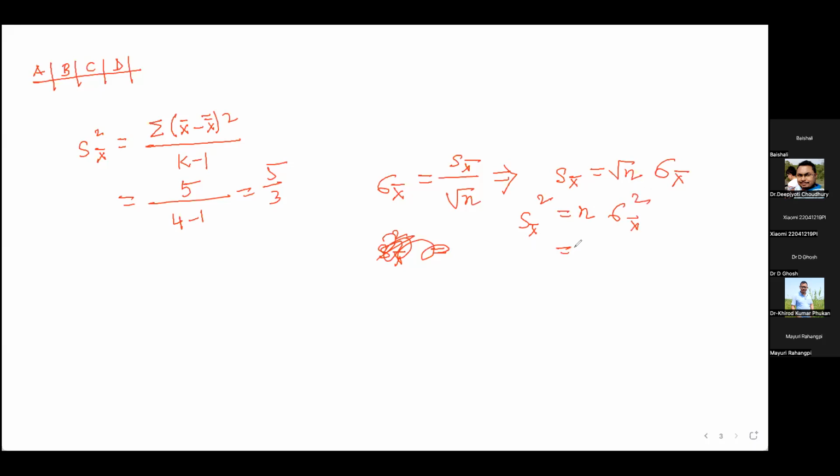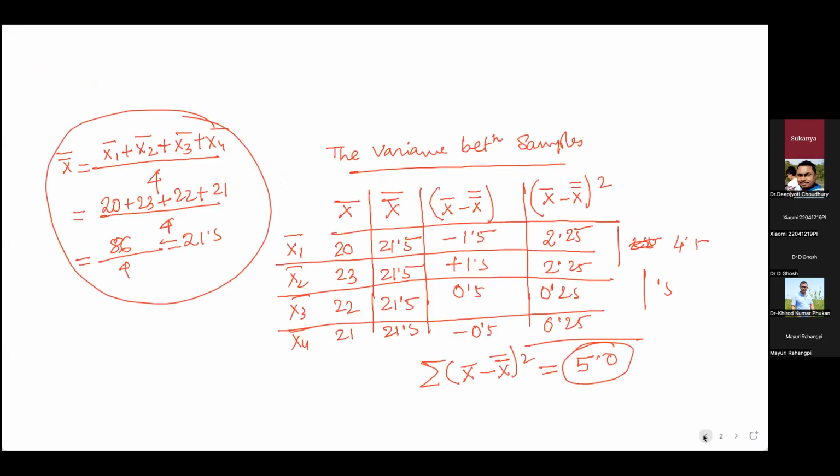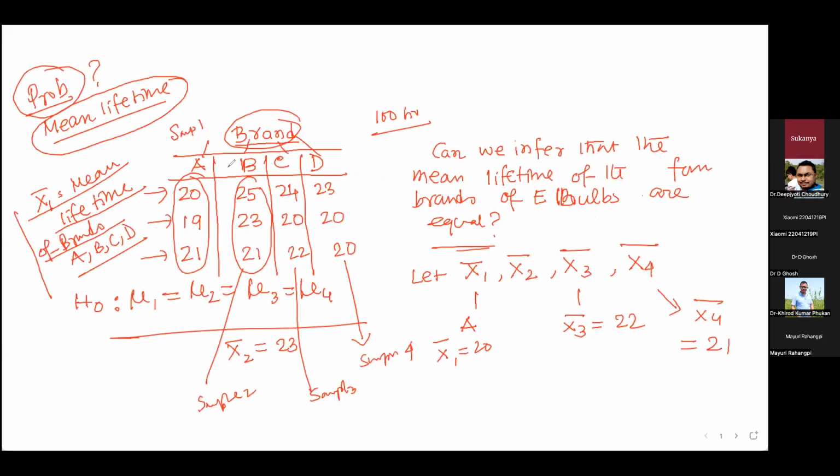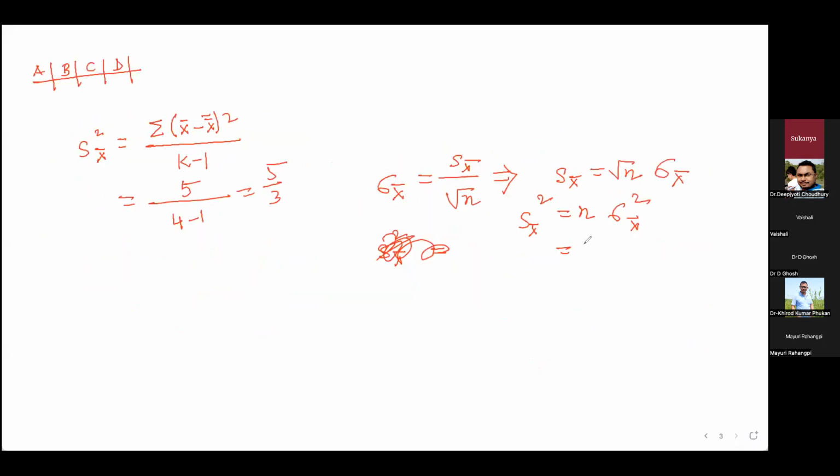And n is how much here? What is the sample size? These are 4 samples: first sample, second sample, third sample, fourth sample. And what is the size of the sample? 3. Absolutely right, the size of the sample is 3.